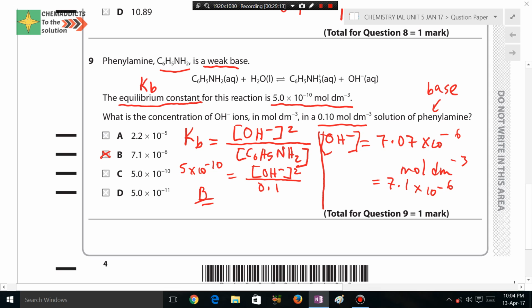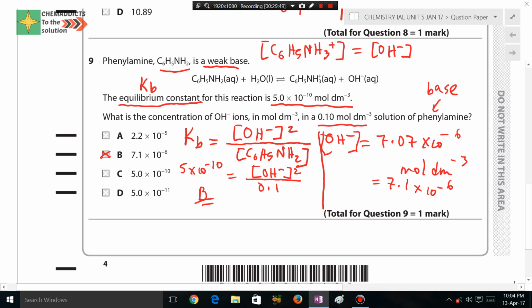Where should I write? Okay, let's do this orally. So let's talk about the assumptions that we have made. The first assumption is the concentration of phenylamine, C6H5NH3+, is equivalent to the hydroxide ion.